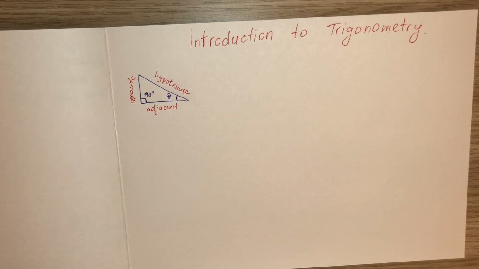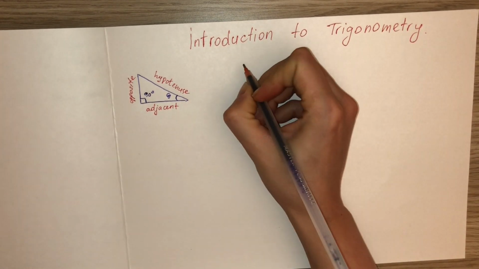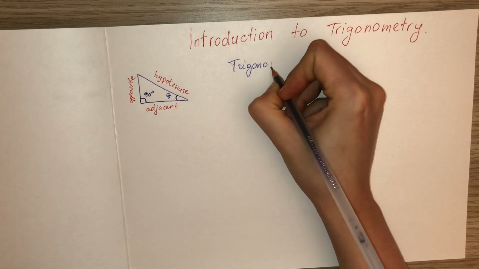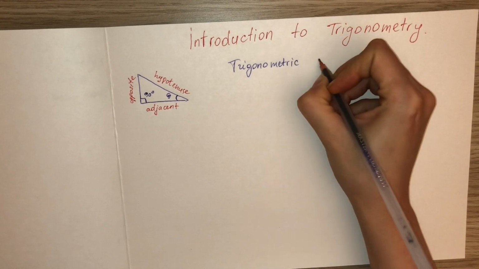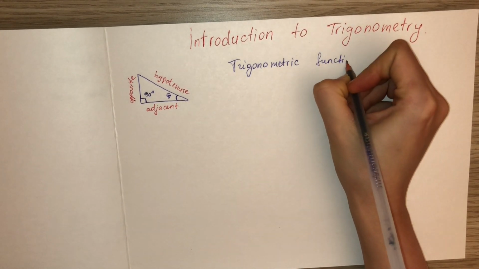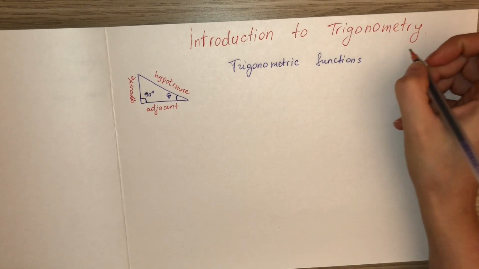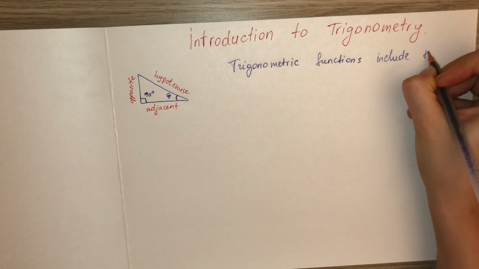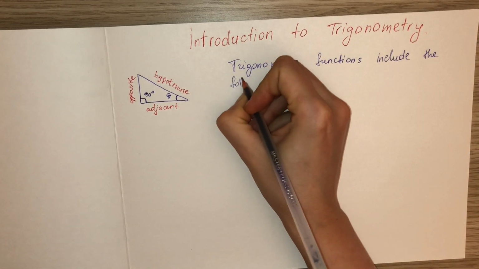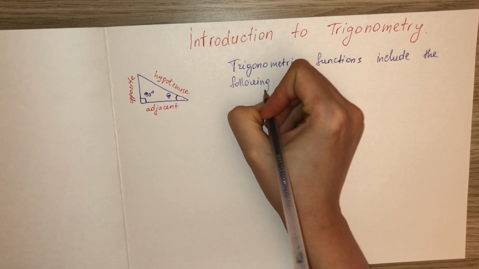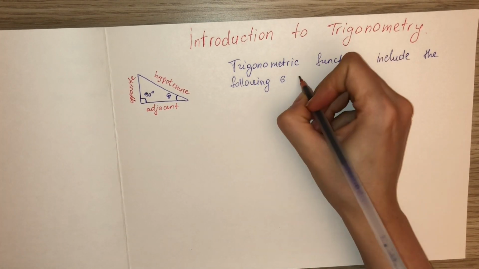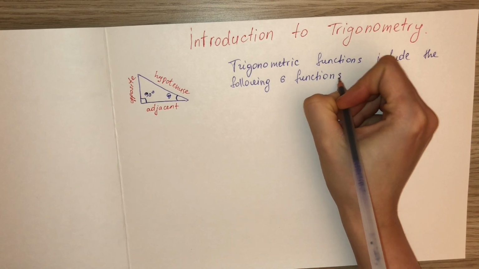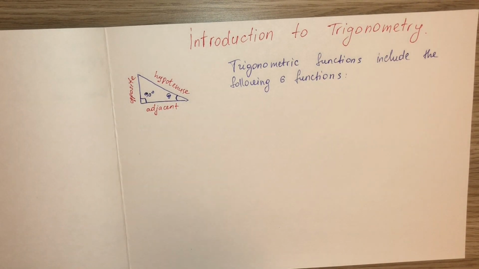So the trigonometric functions include the following six functions. The first one is sine.